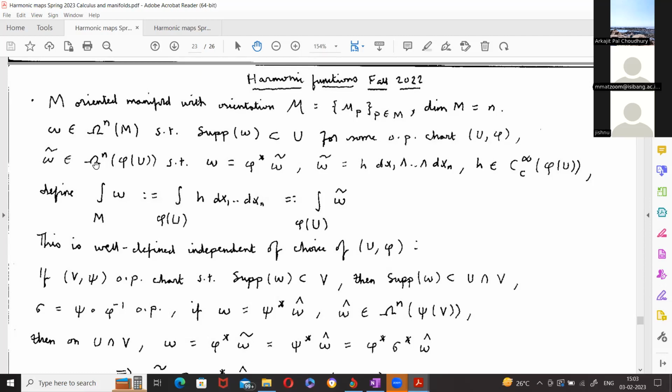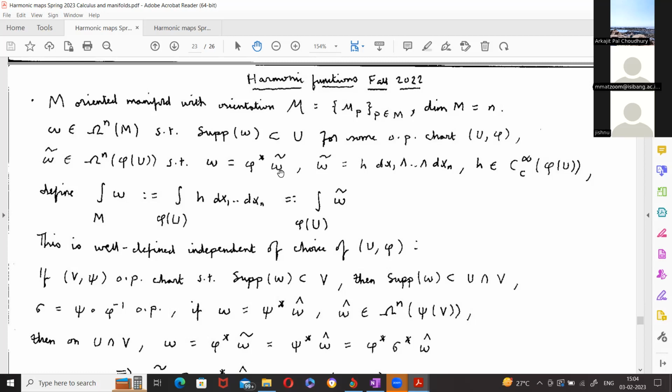Then we have a form omega tilde, which is an n form on the image of U. So phi of U is an open set in R^n, and omega tilde is an n form on this open set phi(U) in R^n, such that omega is given by the pullback phi star of omega tilde.